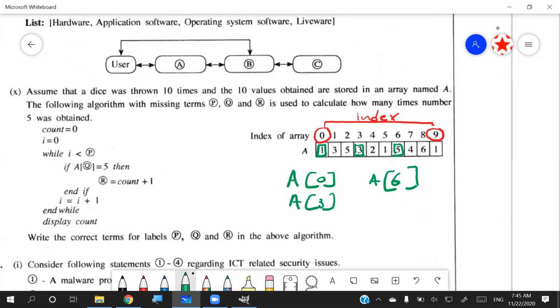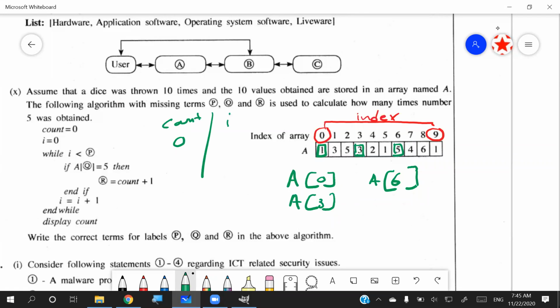You should remember this, because in the question they have given, we are given 3 places to be filled: P, Q, and R. So P is a condition kind of thing, and Q is going to relate to the array, and R is going to relate to the counting part, right? Now how they have started: count is 0, I is 0.